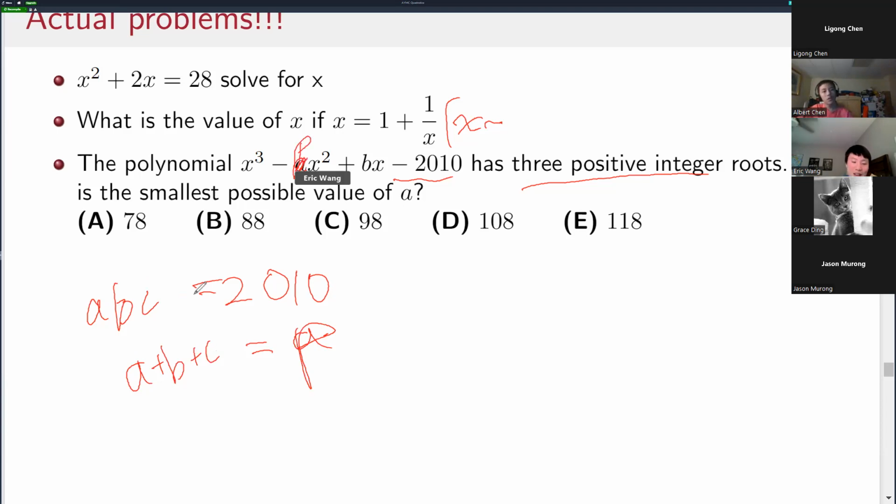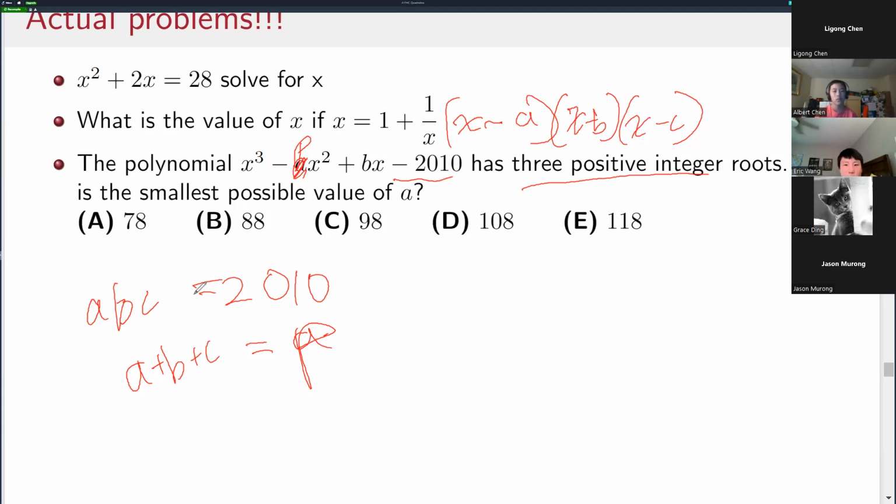You get the point. I just don't want to use the same variables. So it's 2010 because our factorization should be x minus a times x minus b times x minus c. Notice that our constant term that has no x is negative a times negative b times negative c, and that's negative abc. So negative abc is 2010, and you take away the negatives, and you get abc, where the product is 2010.